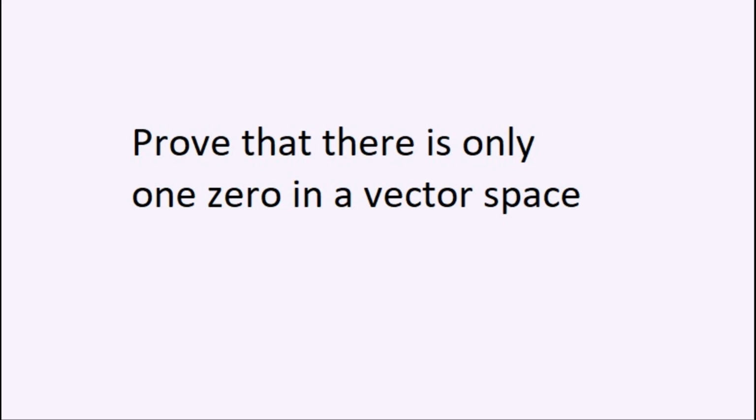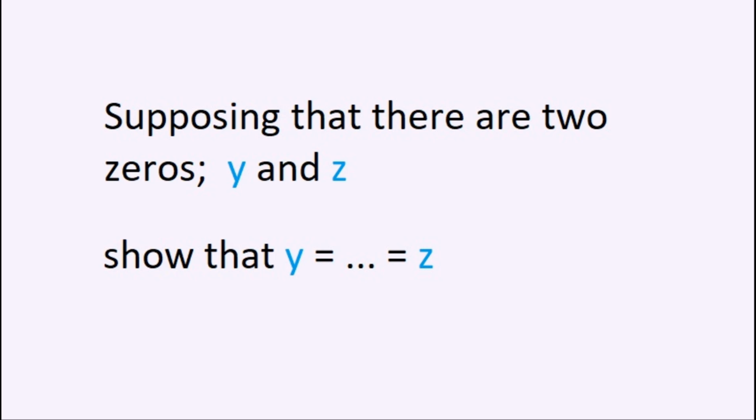Now we're going to prove that there is only one 0 in any vector space. That is, that there aren't two or more zeros that are unequal to each other. We're going to do this by starting out with two zeros, Y and Z, and then proving that they are equal to each other.